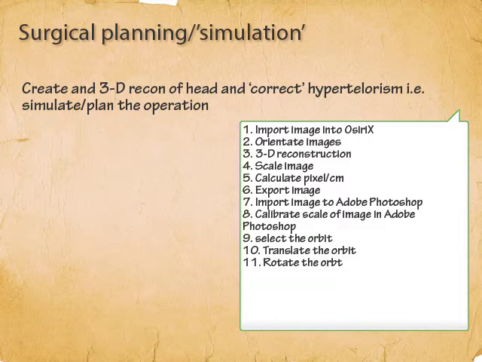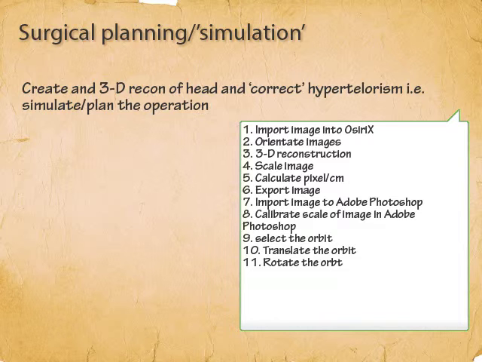This tutorial takes you through a number of steps. The steps include importing of the image into OsiriX, orientating the image, this is adjusting the gantry using a plugin, 3D reconstruction, scaling the image. Scaling the image means you need to know what the scale of the image is.